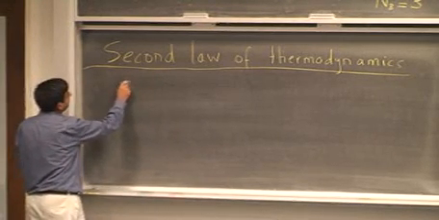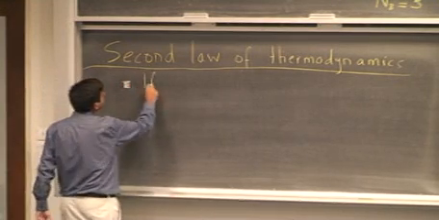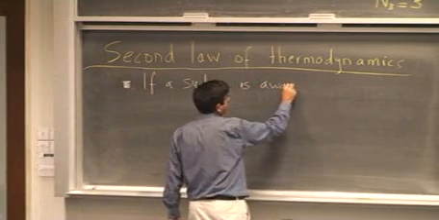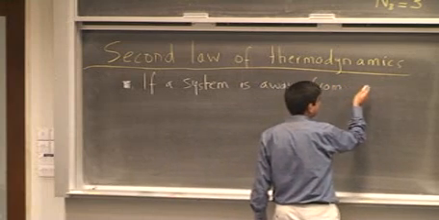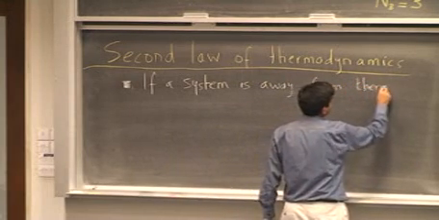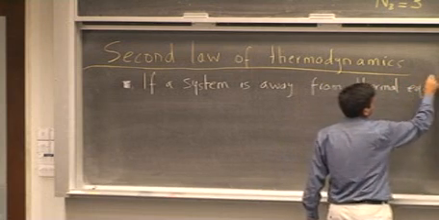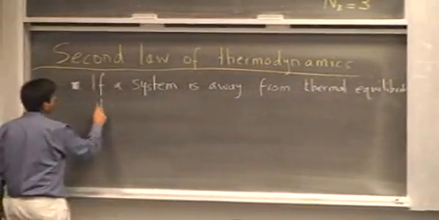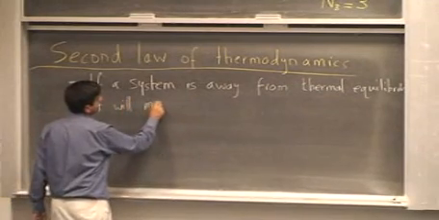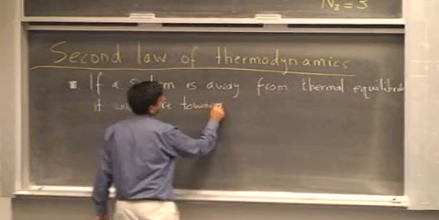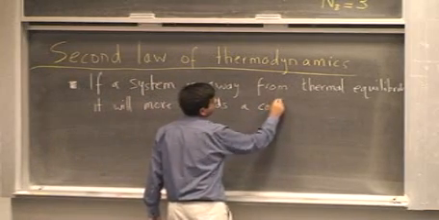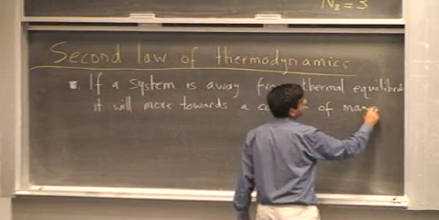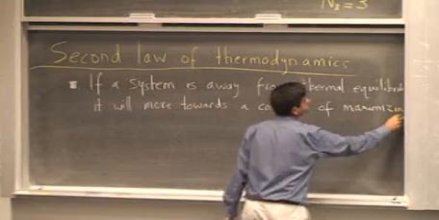First, if a system is away from equilibrium, thermodynamic or thermal equilibrium, it will move towards a condition of maximizing entropy.